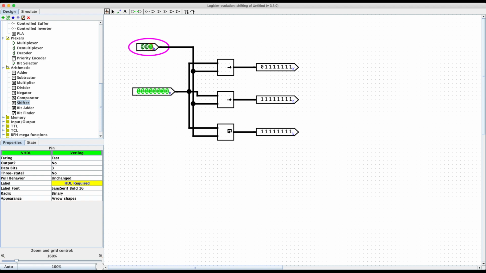The 0. It's always a 0 for logical. What about the arithmetic? A 1 got replaced there. Why did a 1 get put there? Because it was a 1 to start with. And then what about the rotation? Well, the 1 on the far right came around to the far left. So that maybe wasn't the best bit pattern to have chosen.